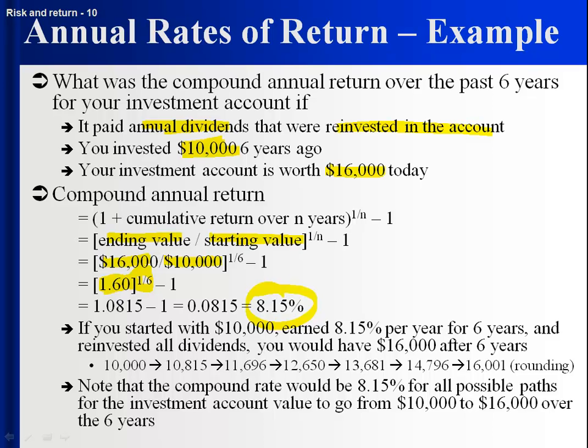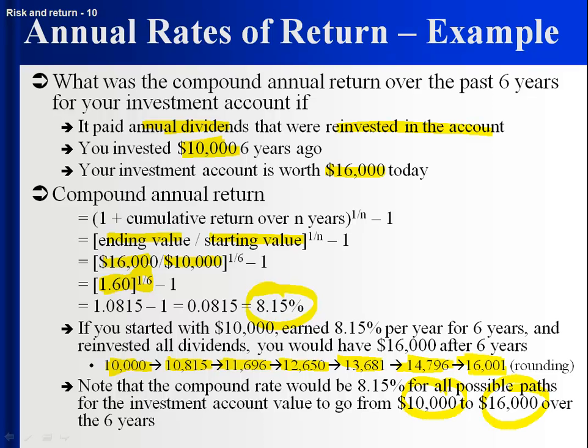And so again, if you started with 10,000 and earned 8.15% each year, you go from 10,000 to 10,815 to 11,696 to 12,650 to 13,681 to 14,796 to 16,001, and that's just because we rounded it to 2 decimal places. And again, it doesn't matter how you got from 10,000 to 16,000.